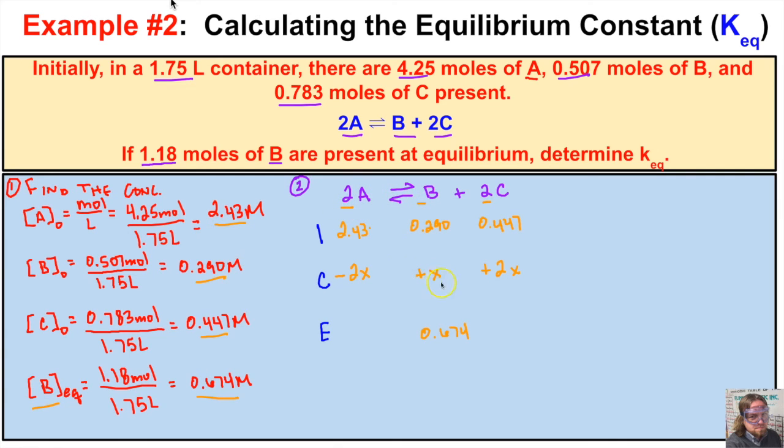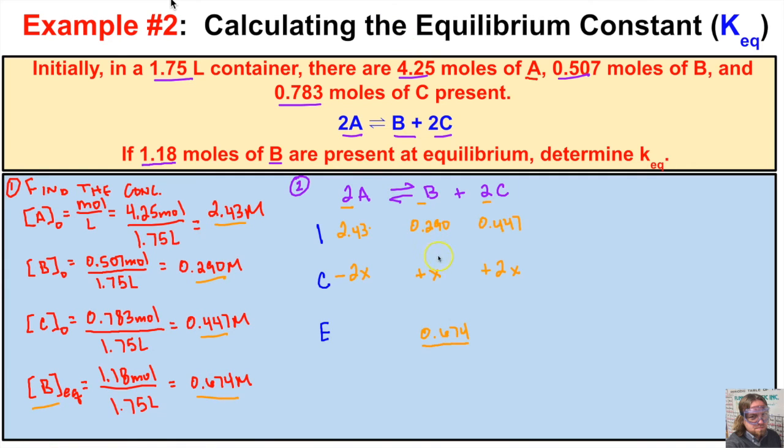And so what we can now do is figure out the change in concentration because we were given this value essentially in the problem. If we can figure out the change in the concentration of B, we can then apply it to this and to this, and we can figure out the equilibrium concentrations of both A and C. So let's go ahead and do that.